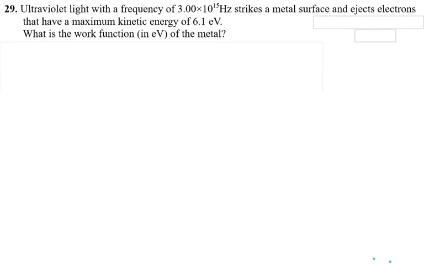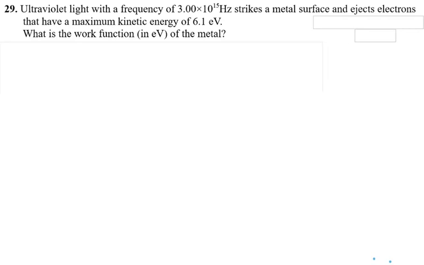In this question, they say ultraviolet light with a frequency of 3 times 10 to the 15th hertz strikes a metal surface and ejects electrons that have a maximum kinetic energy of 6 electron volts. What is the work function in electron volts of the metal?